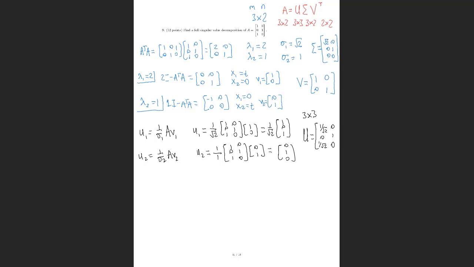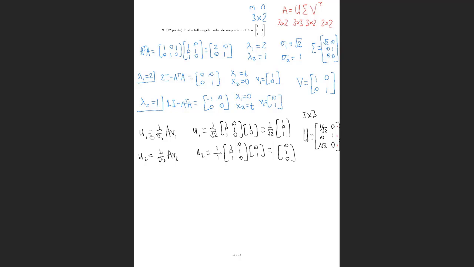So we are missing one column. So then to find U3 and get this last column that we need, okay.